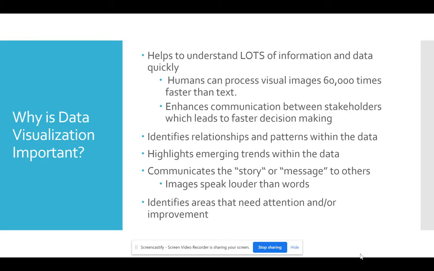It also may help you to identify an area or a particular topic or category that may need additional attention or improvement. And we're going to look at, in a separate video, some of the different visualizations that you can create depending upon what type of data you have.